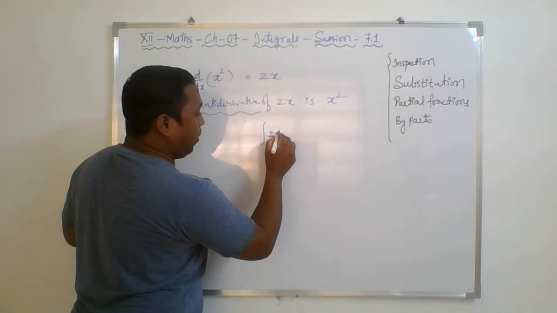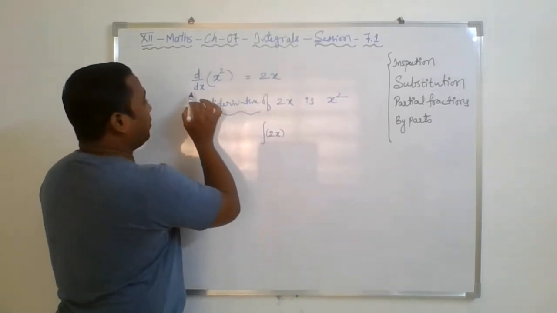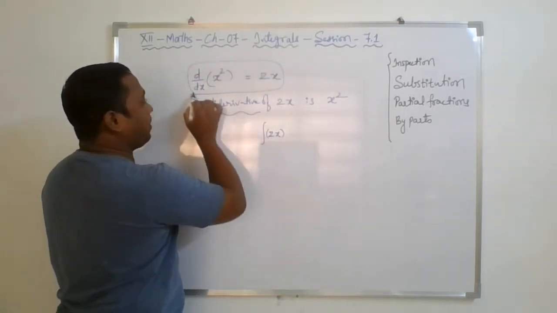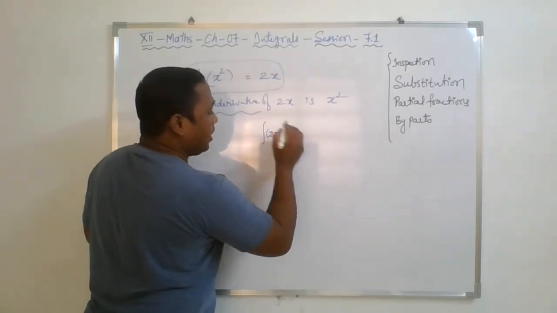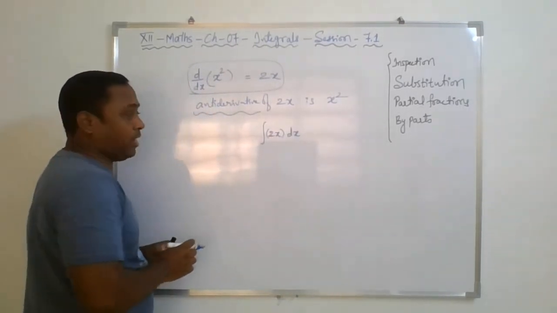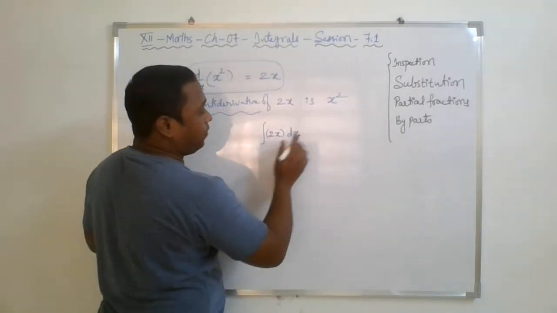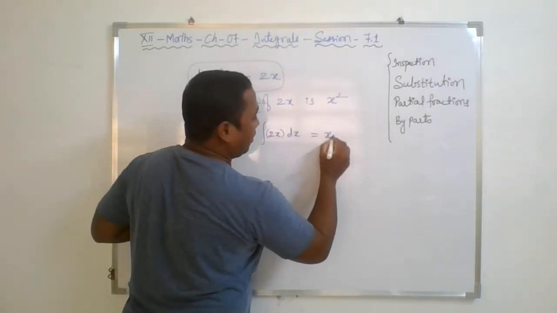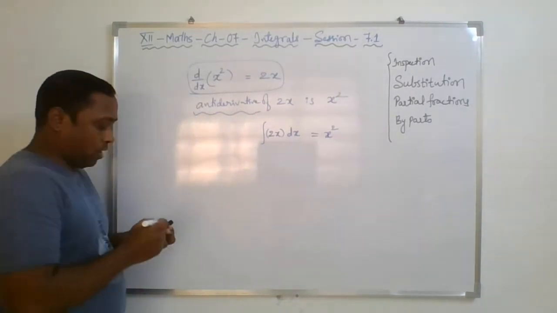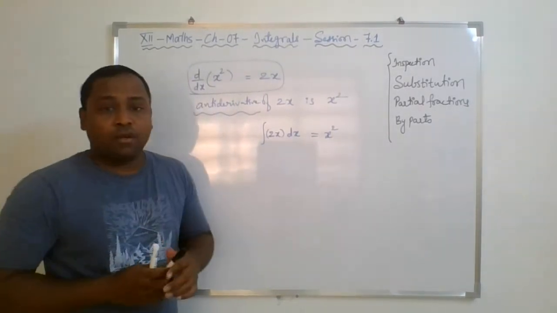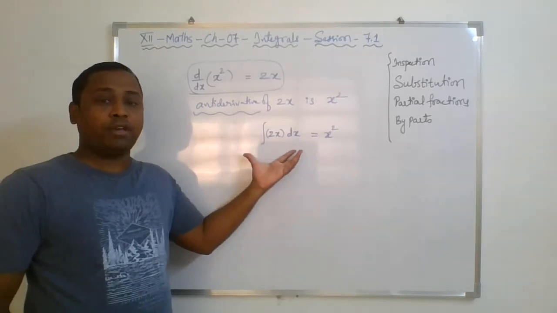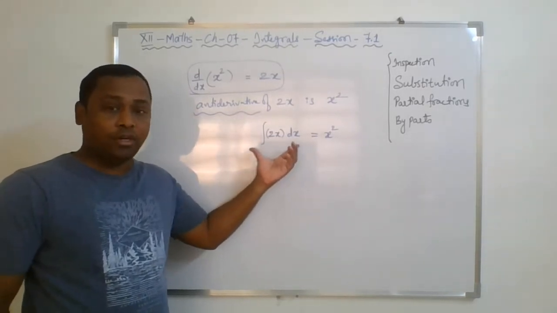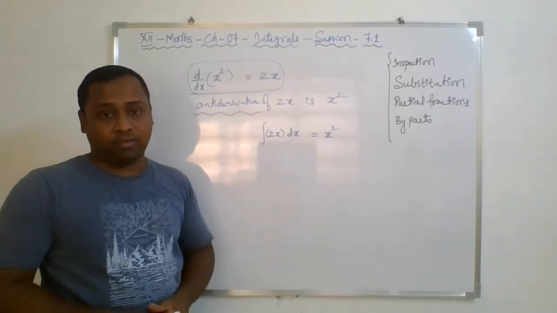Integral of 2x, and since we differentiated the function with respect to x, it is also integrated with respect to x. So the integration of 2x is x square. Instead of saying antiderivative, it is better to say the integral of 2x is x square.